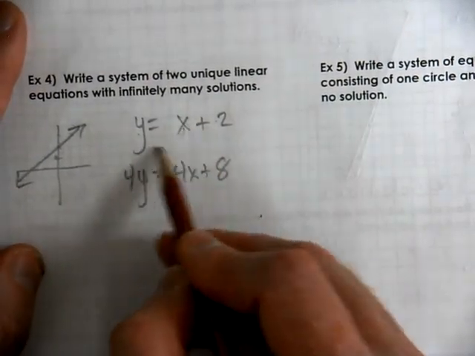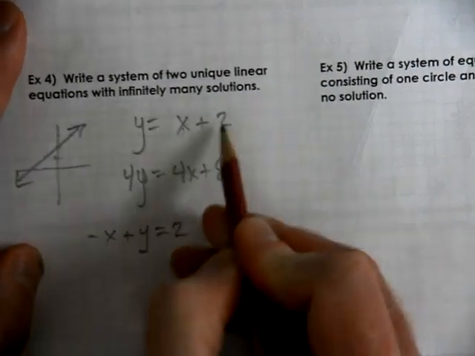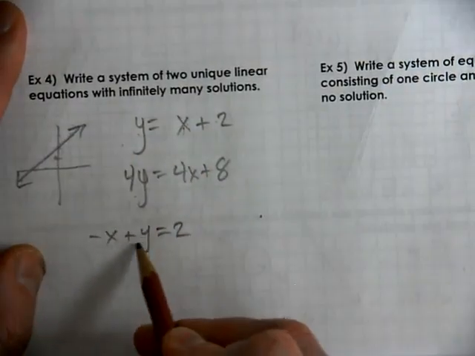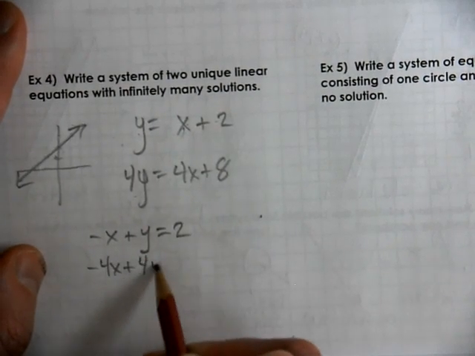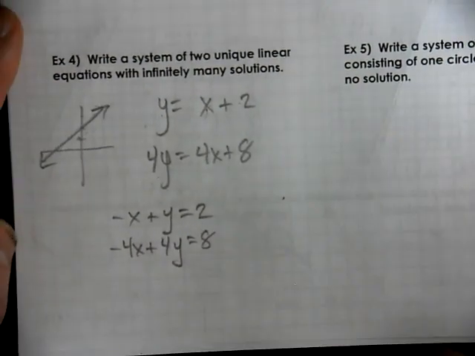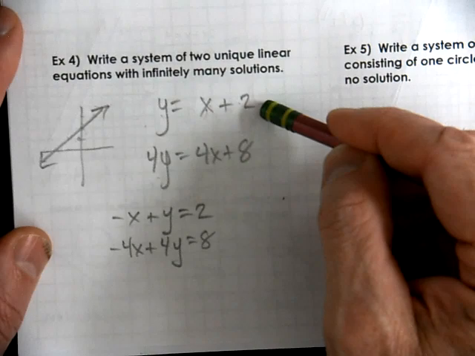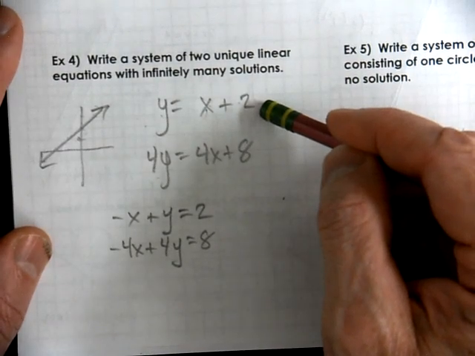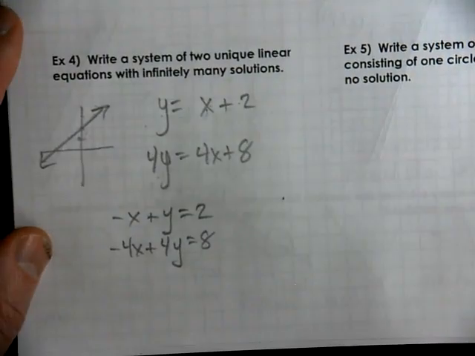Sometimes you'll see it when you minus the x across. Leave the 2 where it is, subtract it across, subtract the 4x across. Sometimes you see it look like this. There's your system. So if you were to graph that, you need to convert it over to y equals mx plus b. So you know where the y-intercept is, and you know what the slope is.